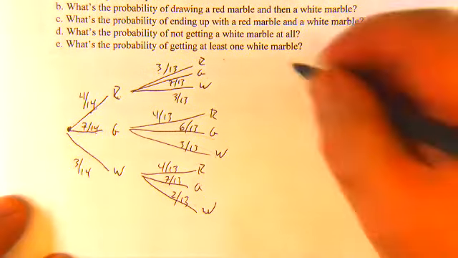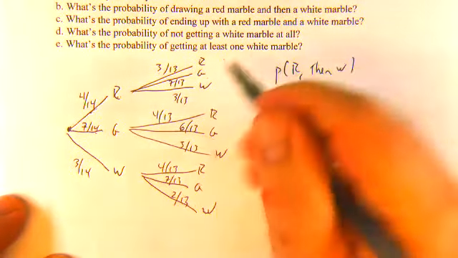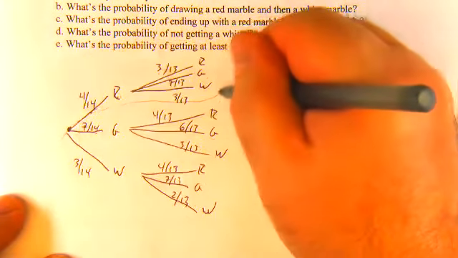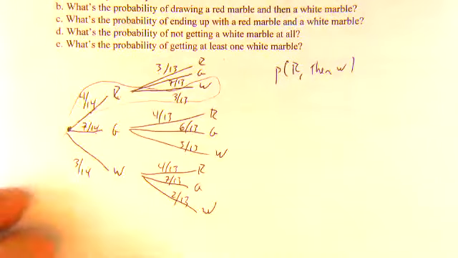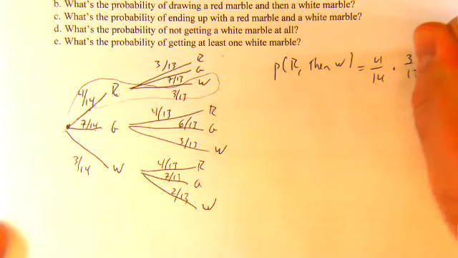So the probability of red, then white means what's the probability of going out this branch? And what do you do if you do a sequence of things? You multiply the probabilities together, right? Multiplication sequence. So 4 out of 14 times 3 out of 13.